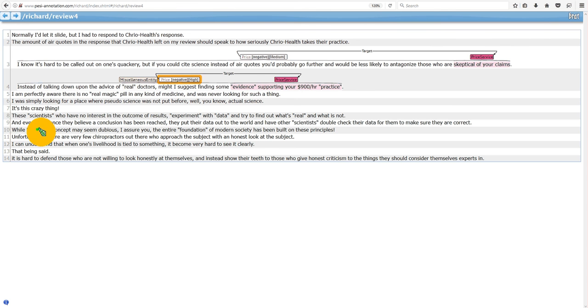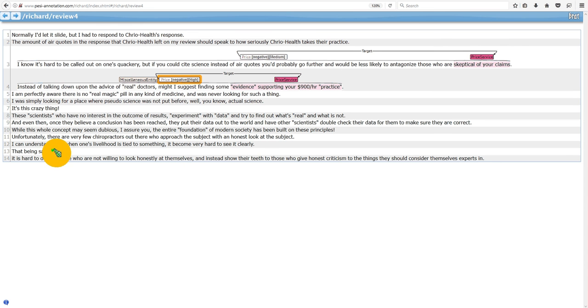Well, this whole concept may seem dubious. I assure you the entire foundation of modern society has been built on these principles. Wow. This is my first time reading this as well. Anyway, number 11: unfortunately there are very few chiropractors out there who approach the subject with an honest look. So they're still pretty negative toward the whole industry.